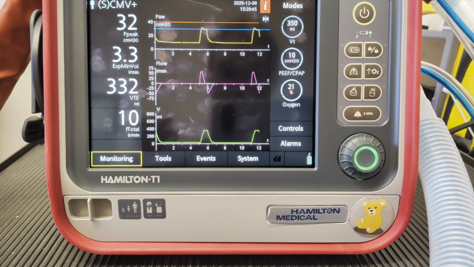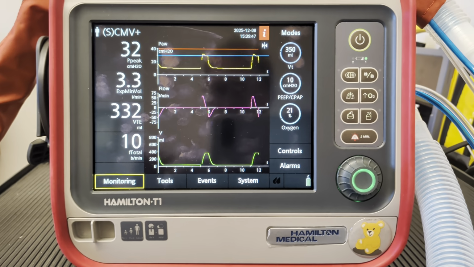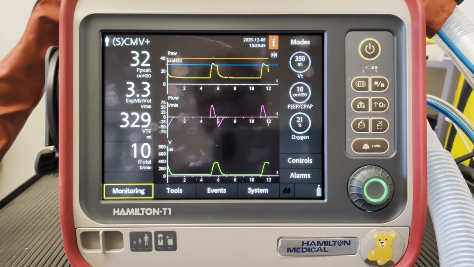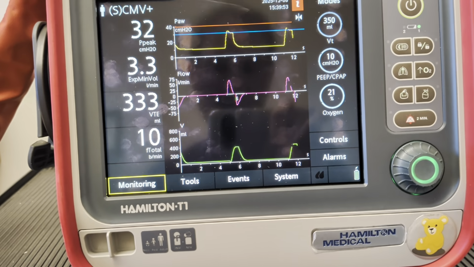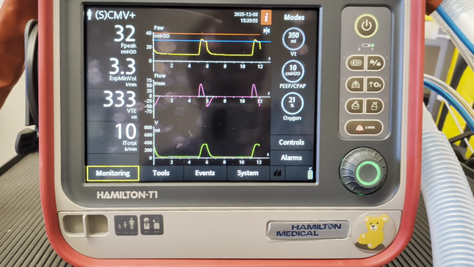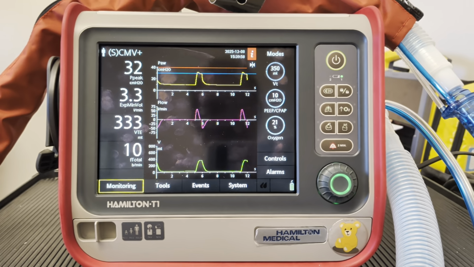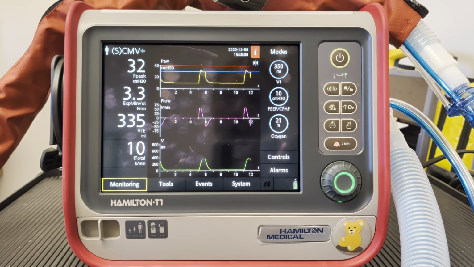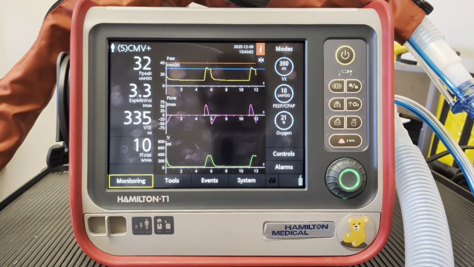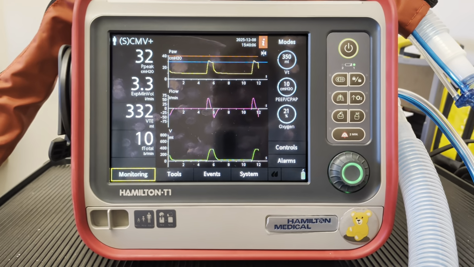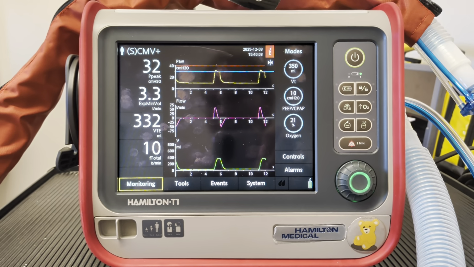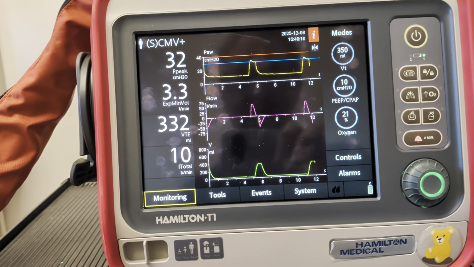Now, there are some other things that can be done that fall under the umbrella of what's known as inverse ratio ventilation. And that is essentially where you spend an incredibly large amount of time in the inspiratory phase, right? And you can do this with special modes like APRV, or airway pressure release ventilation.